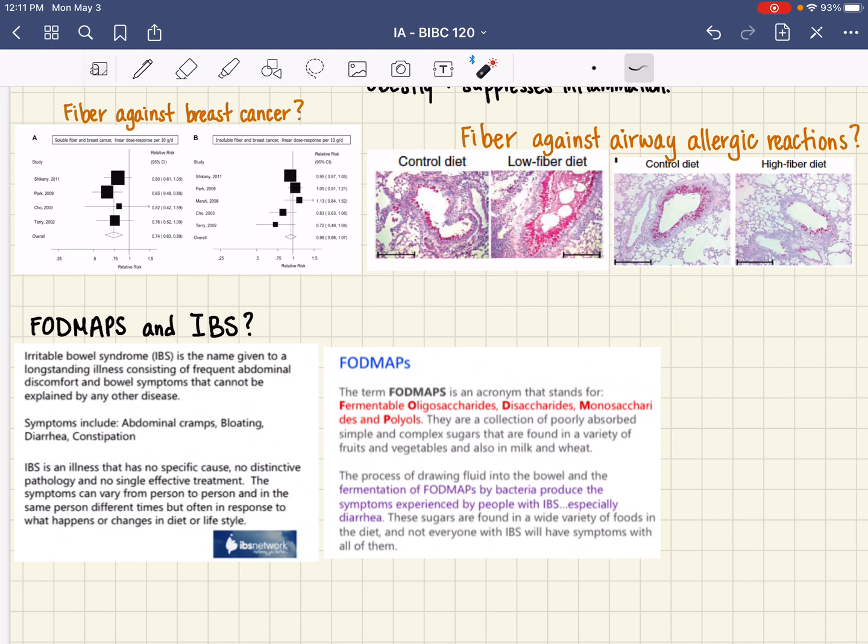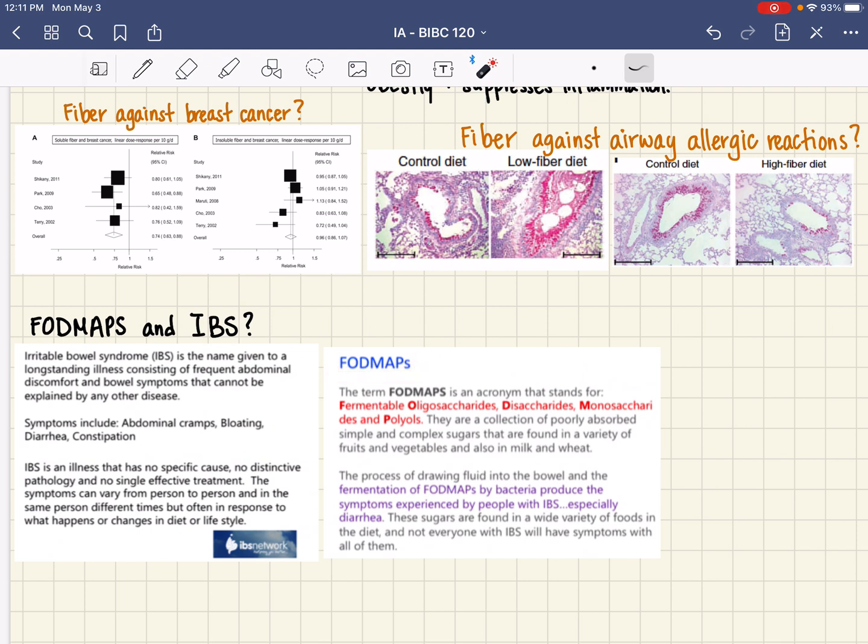However, scientists have realized that some types of saccharides, fermentable oligosaccharides, disaccharides, monosaccharides and polyols, and the name for this collection of saccharides is FODMAPs.